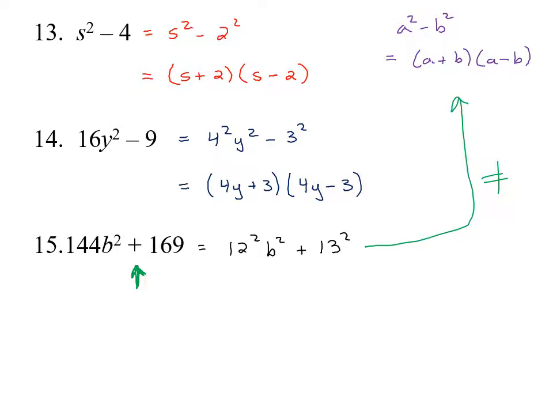And so since it has a plus, we actually say that this one is prime. Prime just means it does not factor. And so you might see one that is prime on the homework or the quiz or something.